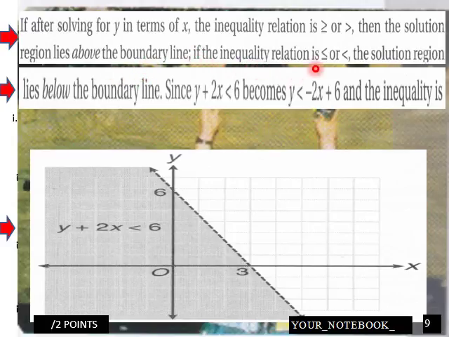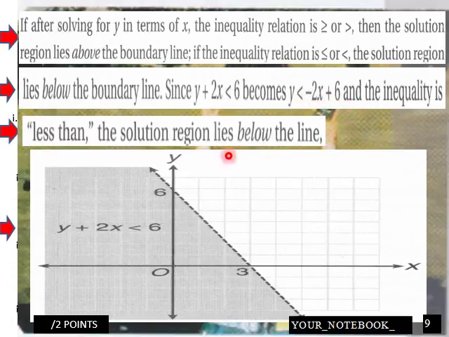If the inequality relation points the other way, the solution region lies below the boundary line. Since this is a less than, the solution region lies below the line.